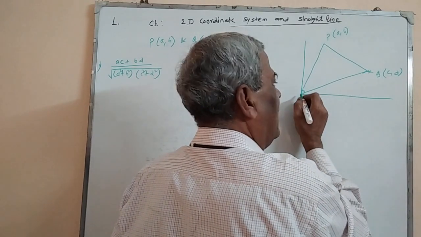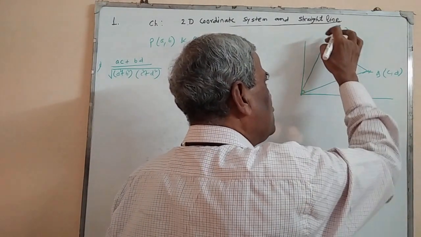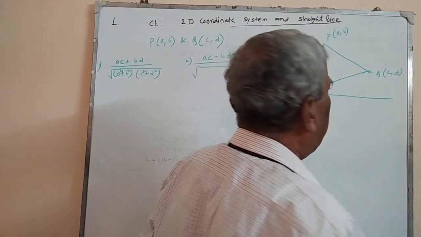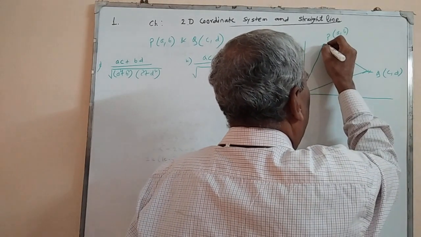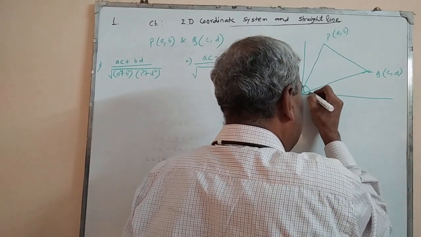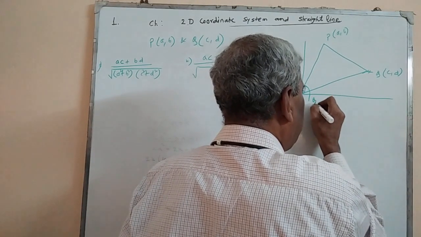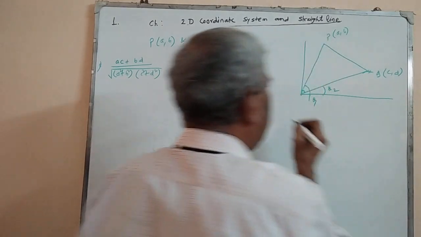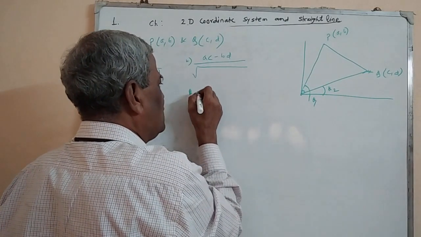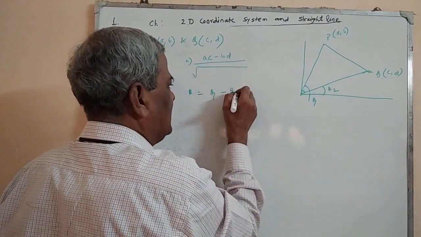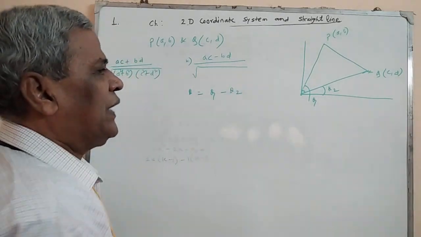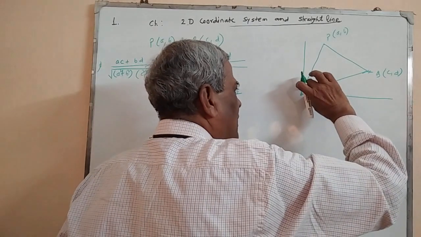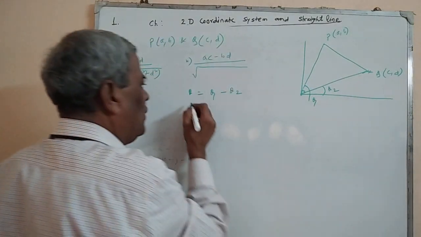It is the angle at the origin opposite to the line segment joining PQ. Suppose this angle is theta 1 and that angle is theta 2. And theta is equal to theta 1 minus theta 2.